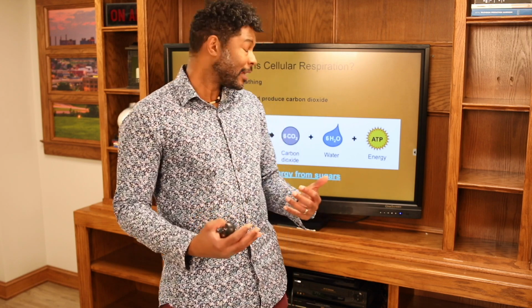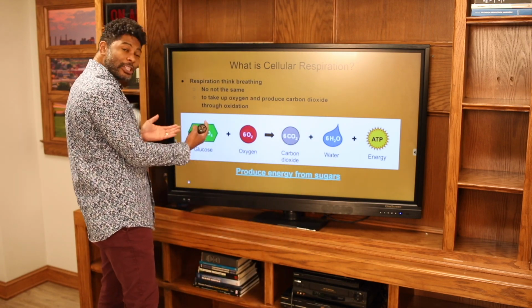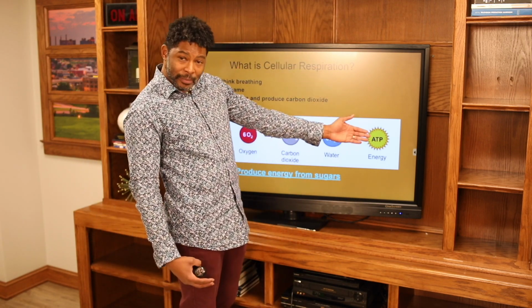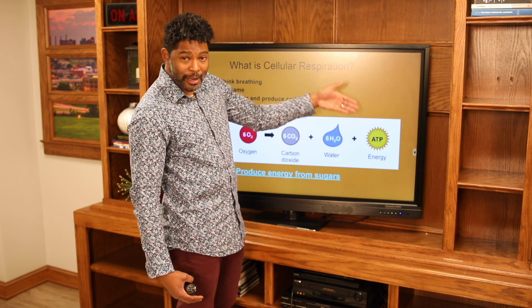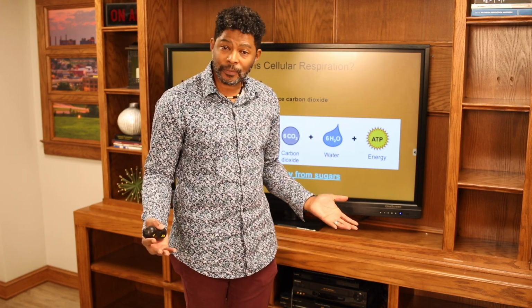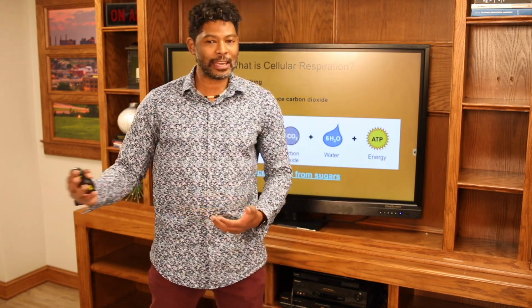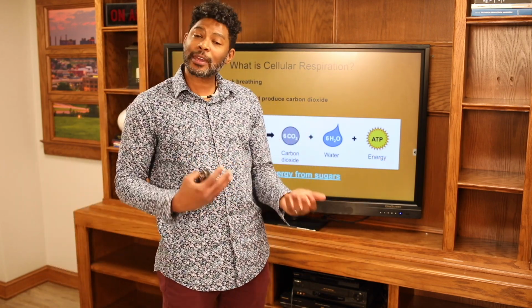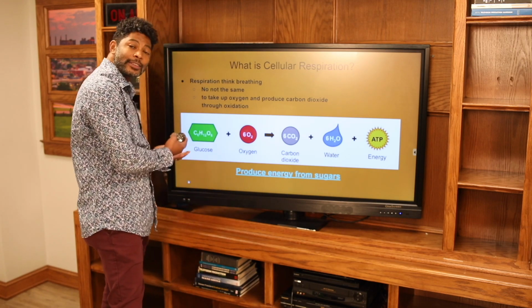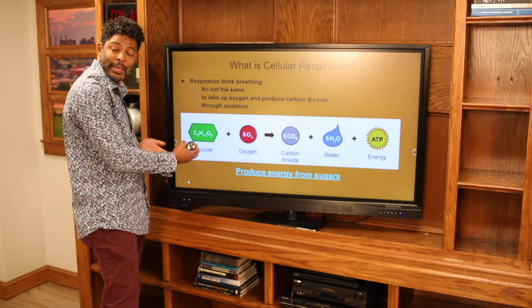This is your job, that's your money, and you're going to need your money to be able to do all the things that you want to do. So again, for us to do everything that we need, we have to take in energy. The energy that we're talking about right now is sugar, that sugar being glucose.